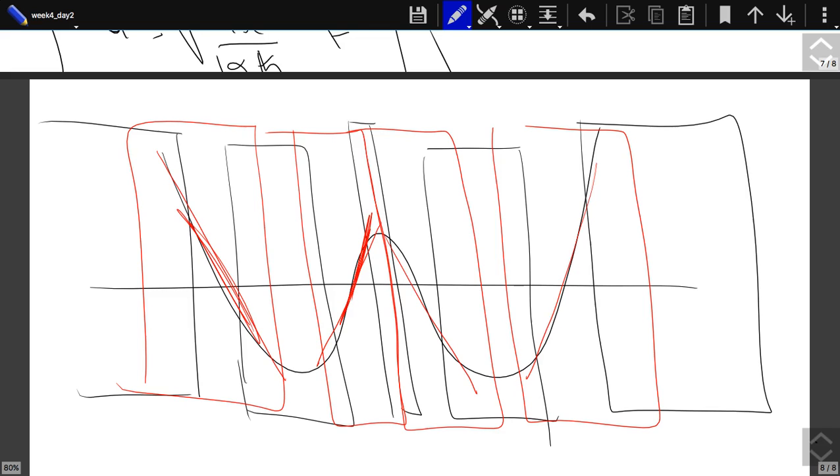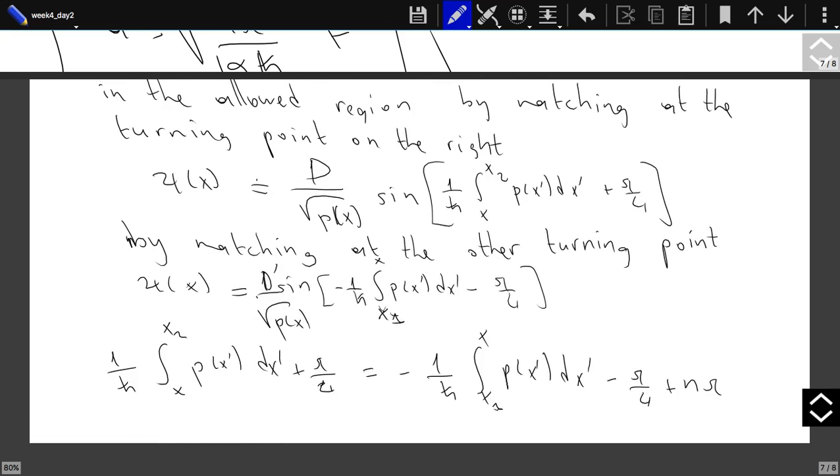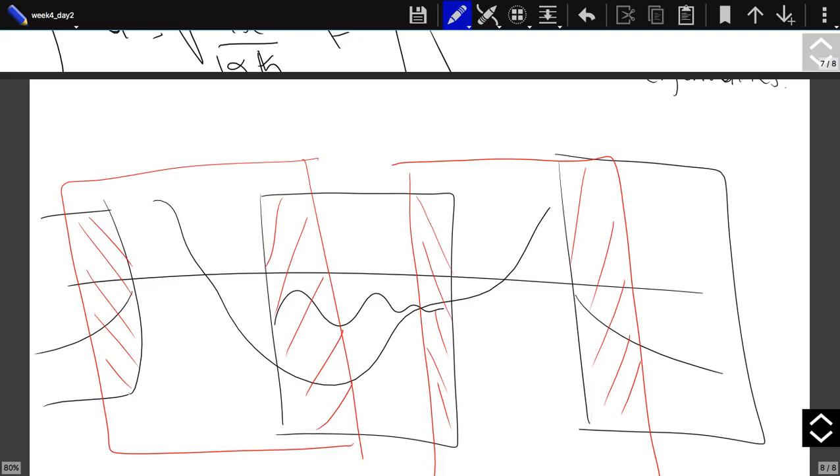And even in the previous case, rather than matching the two independently, you can match one first, you match here first. After the matching, you know what the solution is in the intermediate region, in the allowed region, and then match that one to the solution over here.